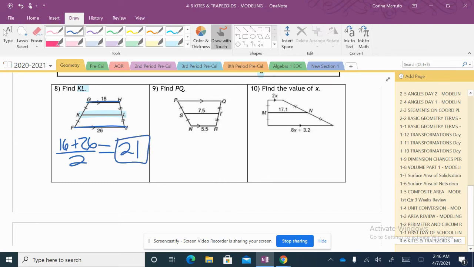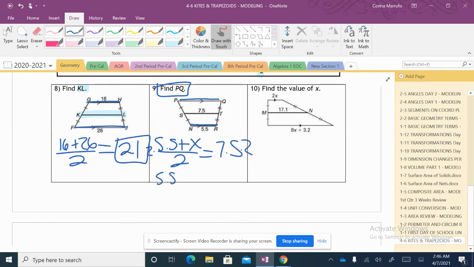This one is working us a little bit backwards because they don't give us both of the bases. They give us 5.5 as one of the bases, and the other one we don't know. Let's call it x. That's what they want us to find from P to Q. So when we take that and divide it by 2, it should give us 7.5. So we're going to work backwards to solve for x. We multiply both sides by 2.